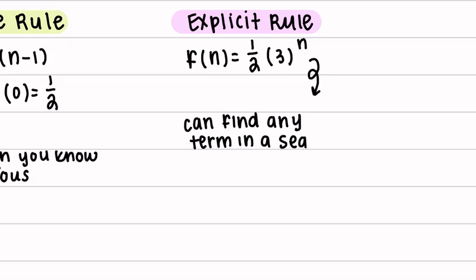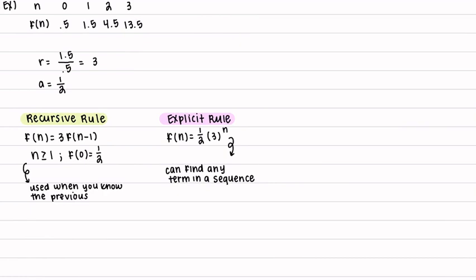So if I want to know the 50th term, the 100th term, I can use the explicit rule to find that. Okay. And so if I'm given enough information, then I definitely want to use the explicit rule if I'm able to, if I'm needing to find a term where I don't know the previous term. Okay.